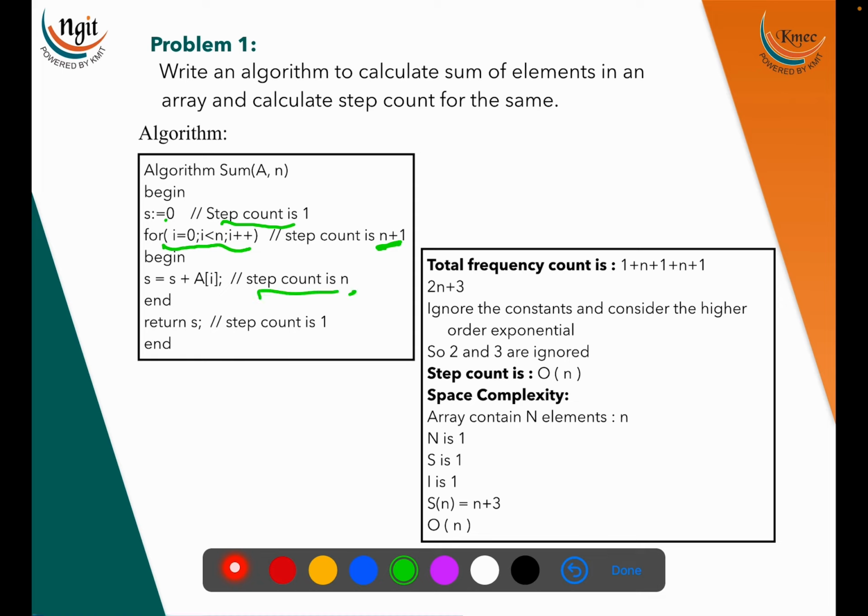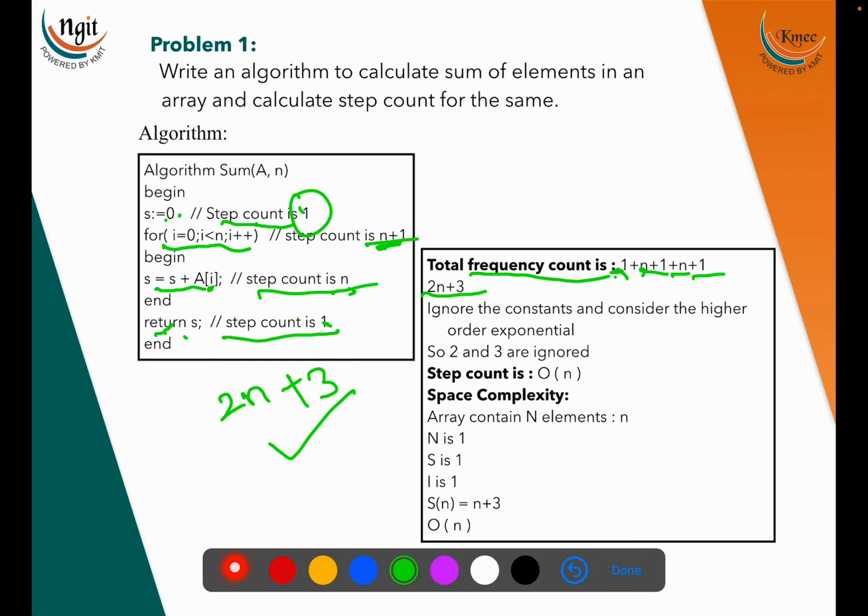For this statement the step count is n, because till the value of i reaches n, it will repeat. For the return statement and for s equal to 0, the step count is 1 each. Finally, what is the total frequency count? 1 plus n plus 1 plus n plus 1, total 2n plus 3 is the complexity of this algorithm.